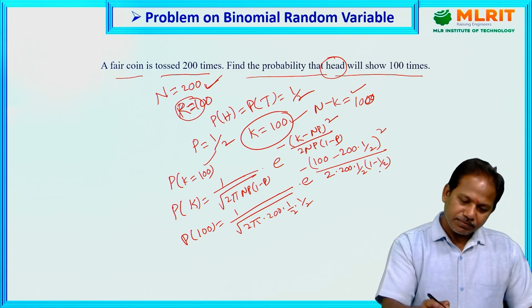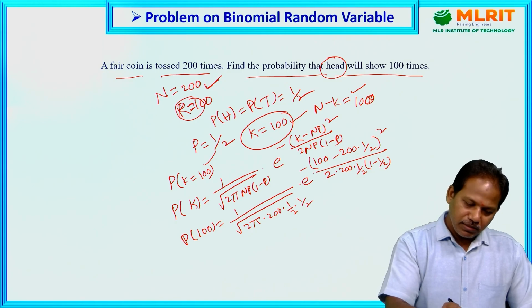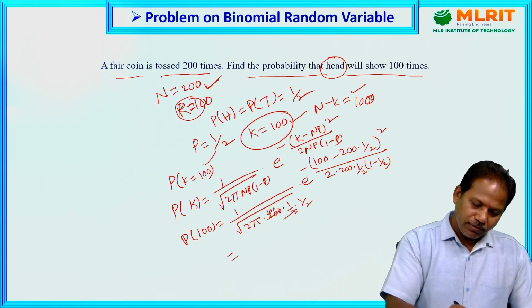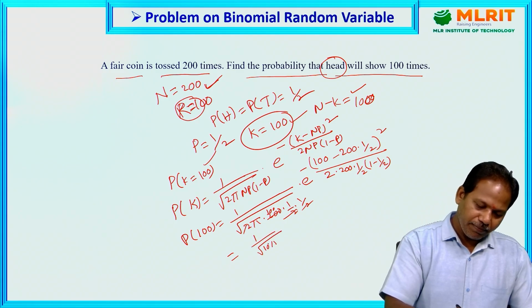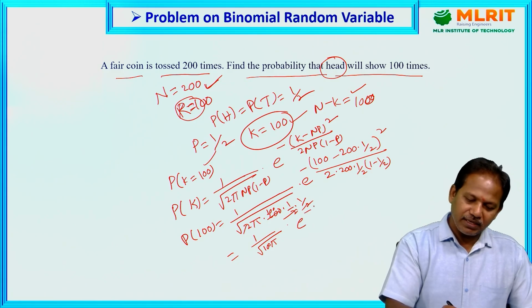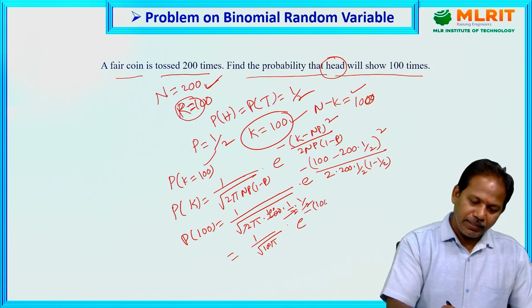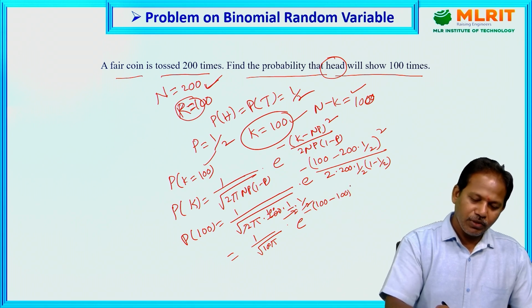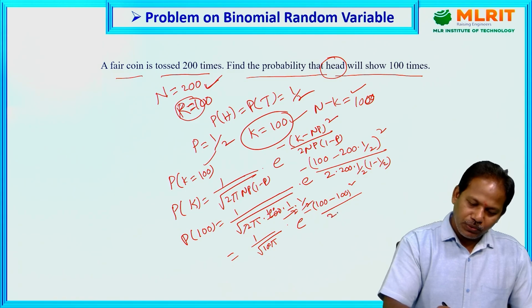See here, the 100s cancel. We can write 1 by square root of 100 pi into e power minus of 100 minus 200 into 1 by 2, that is 100, whole square, divided by 2 np.